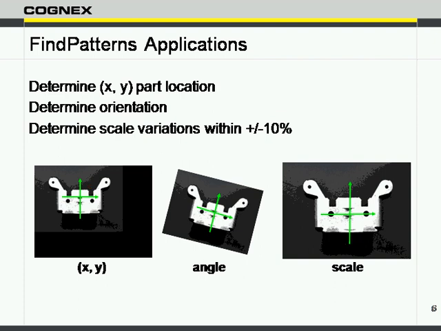So this is why it will give us an XY coordinate position for the center of the crosshairs. It will also give us angle information if it rotates, and it has some capabilities of scaling, plus or minus 10% as it indicates here.